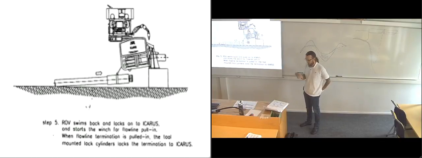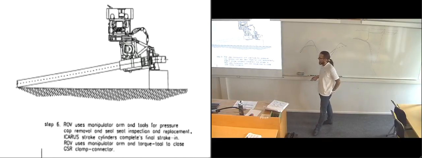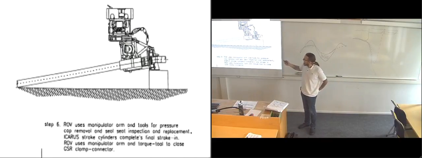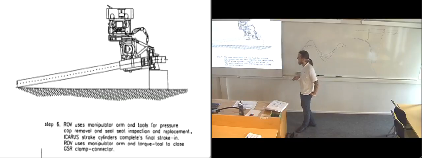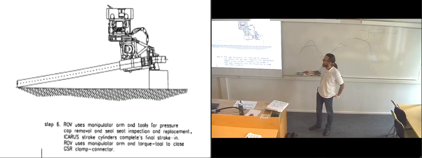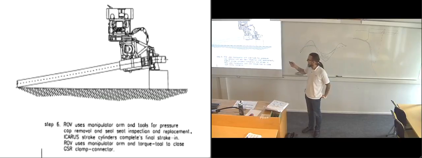I think there are some details about it in the text there. Here they've shown the Icarus tool. They have done a cross section of it so that we can see the pipeline and the connection point. The ROV is still connected to the tool, so it's still operating the tool. It also removes the cap on the end of the pipeline.